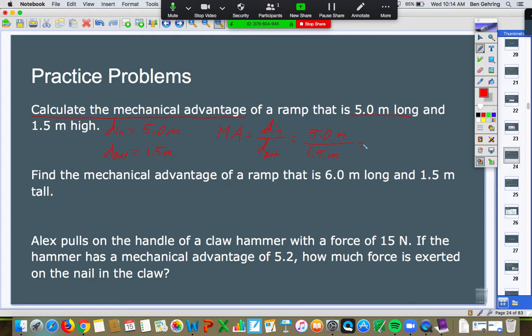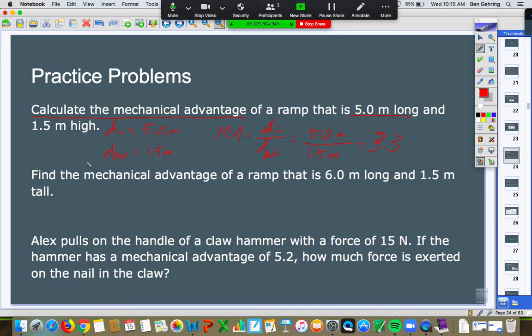And when I do that, I get an answer of 3.3, and it's repeating, but we'll just call it 3.3 because I have two sig figs here and two significant figures here. There is no unit on mechanical advantage, it's a multiplier. So 3.3 is going to be my answer.